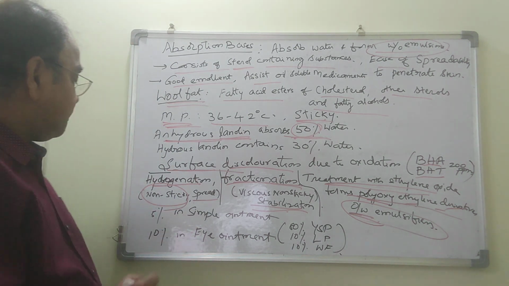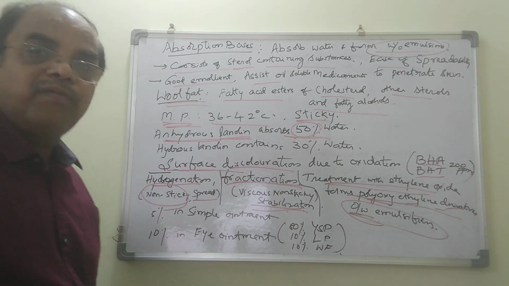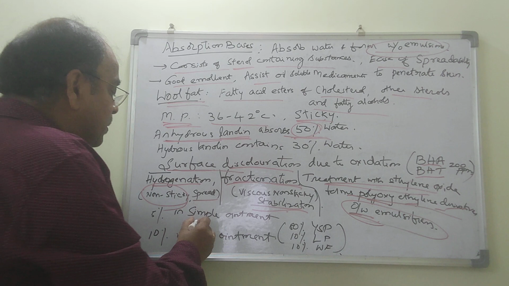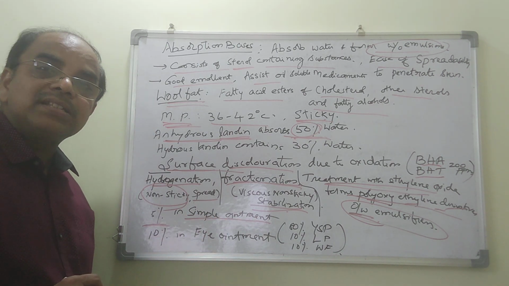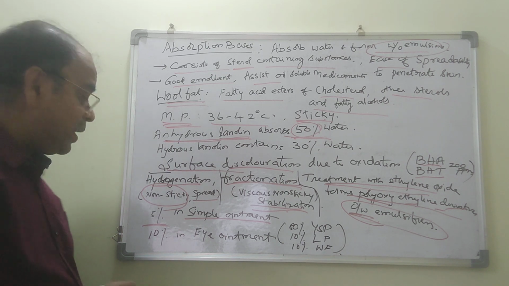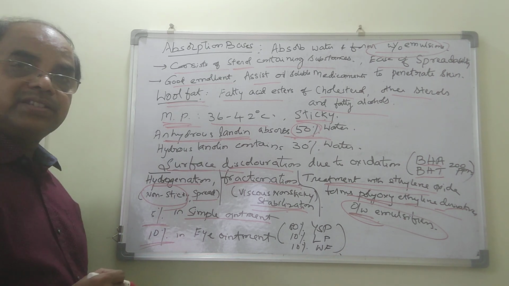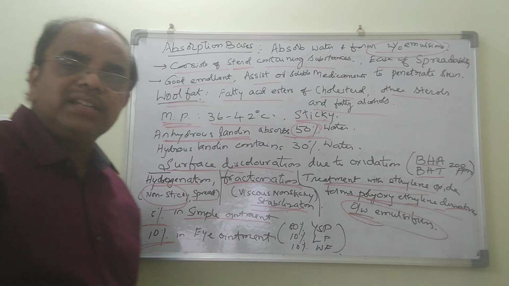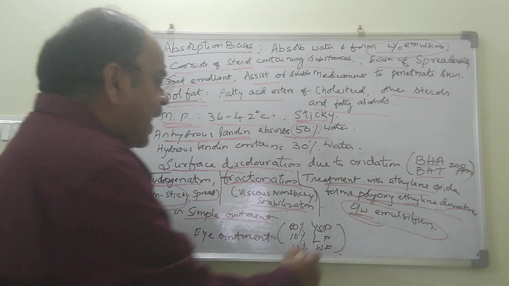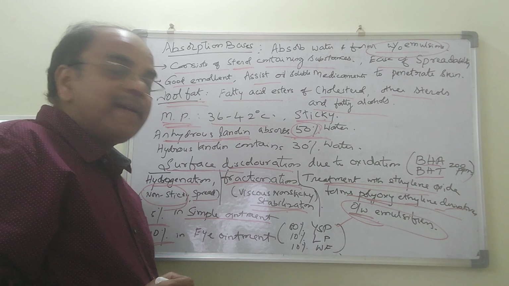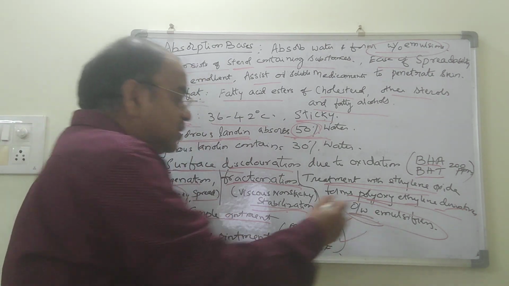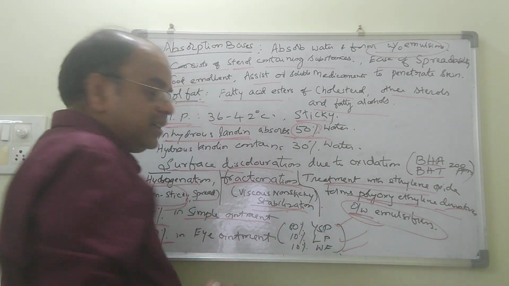Okay? And this wool fat, lanolin, we can use in the preparation of simple ointment at a strength of 5%. In the preparation of eye ointment, ophthalmic ointment, we can use it at a strength of 10%. What is the composition of the eye ointments? Yellow soft paraffin about 80%, liquid paraffin about 10%, and wool fat 10%.